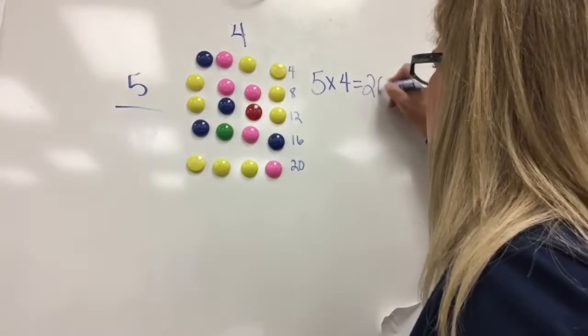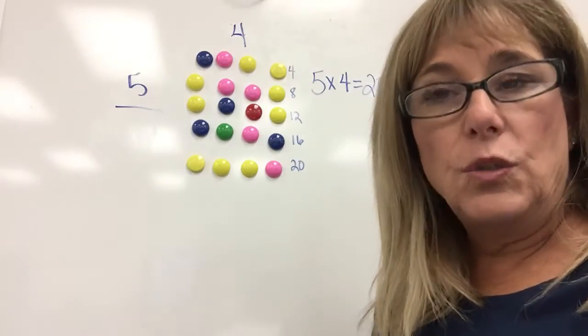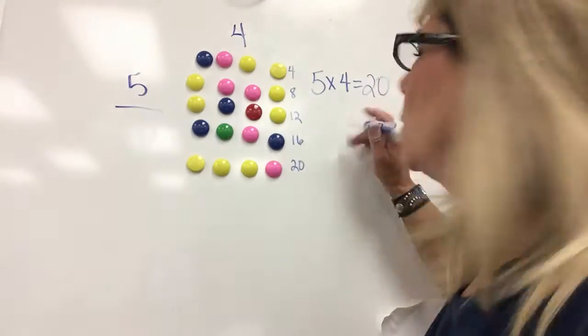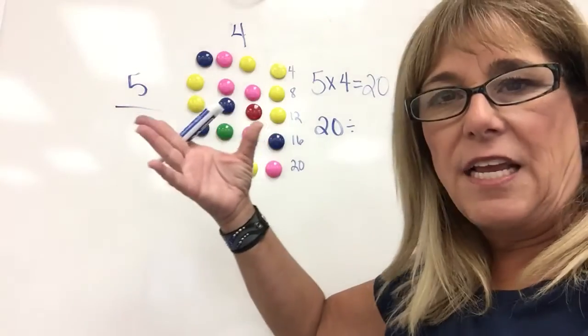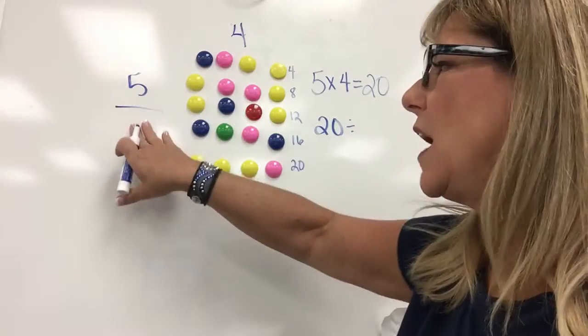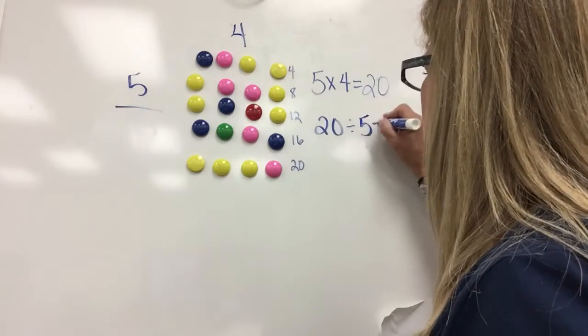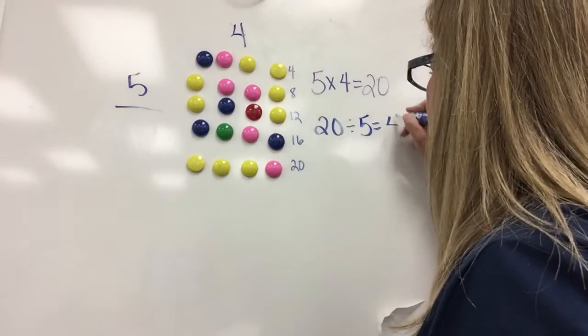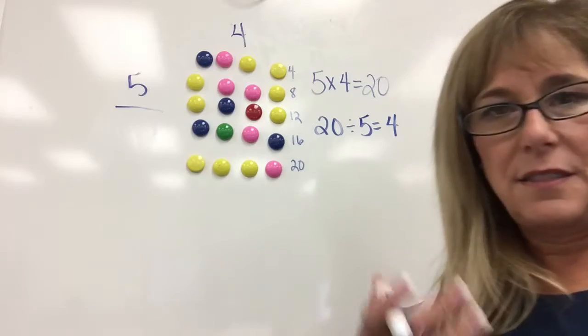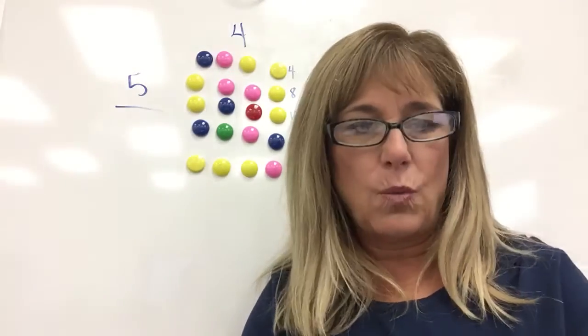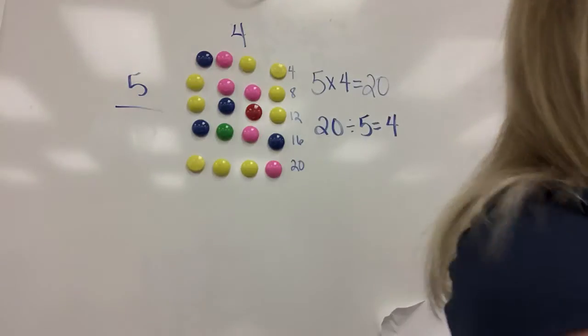My answer is 20. Now, to do a division problem, I take my total. Here's my total. I take how many groups I have. I have 5 groups. And the size of the groups is 4. Practice, practice, practice. That's what we do. Because if we practice, we'll get it.